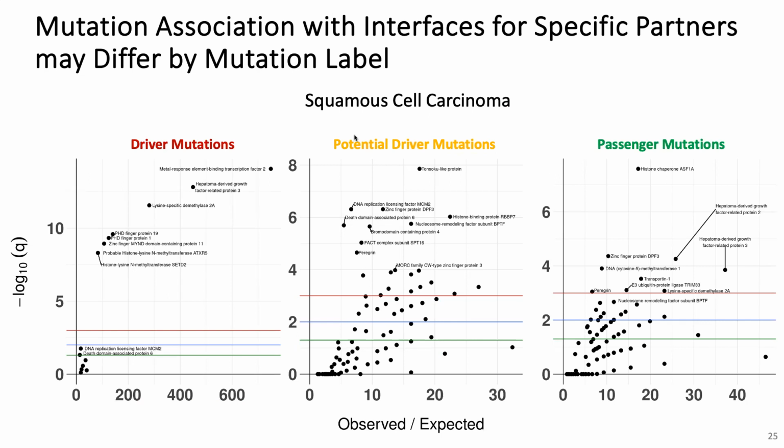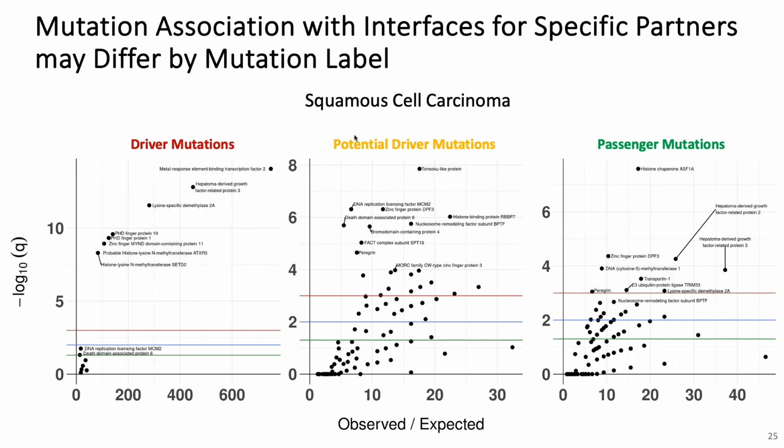So here, what I've basically shown is just those binomial tests again, just performed inside of squamous cell carcinoma. But in this instance, we're only considering mutations of a specific class. So that could be mutations that have been predicted as drivers in squamous cell carcinoma, those that have been predicted as potential driver mutations inside of squamous cell carcinoma, or those that have been predicted as passengers.